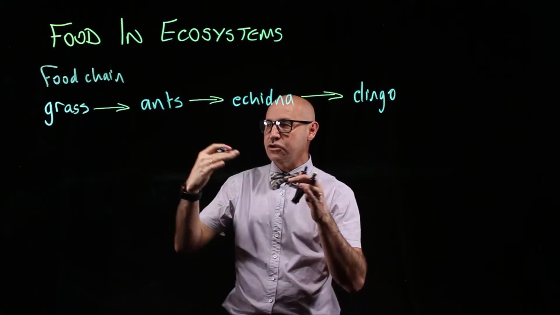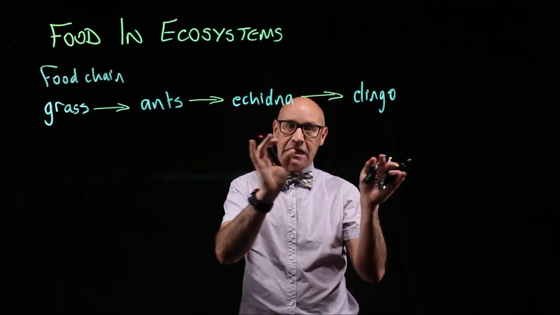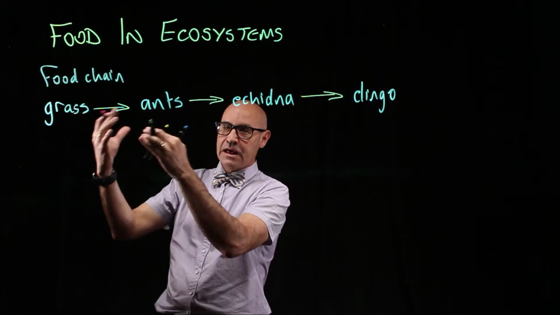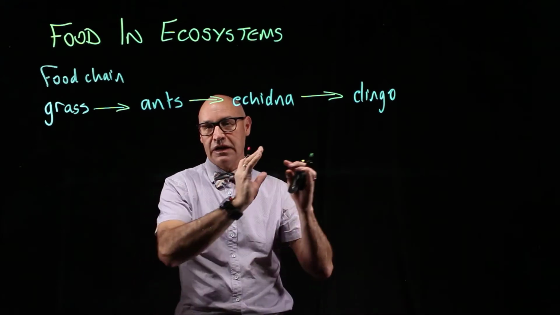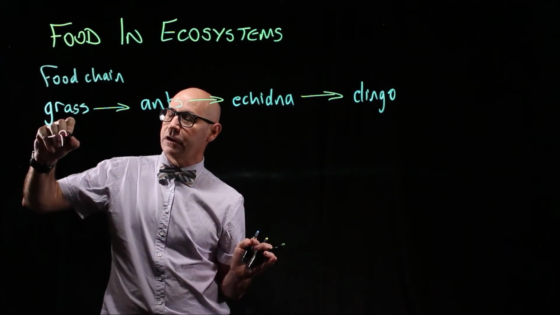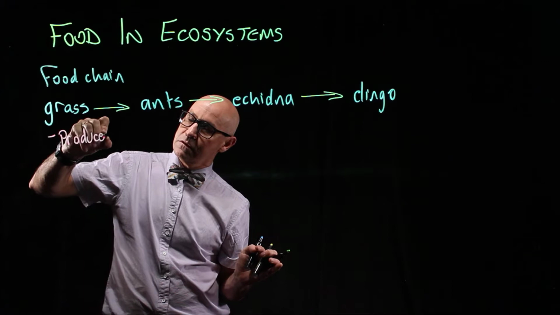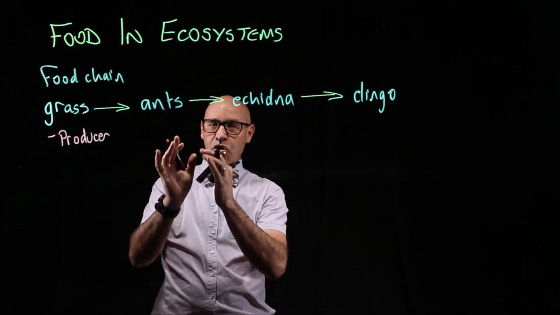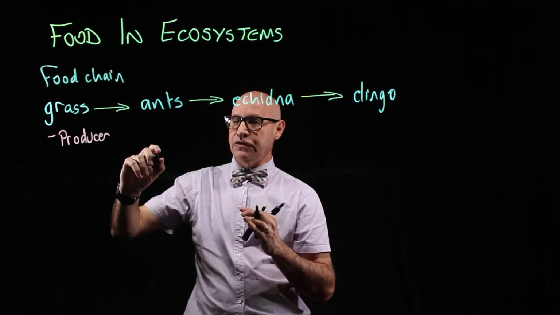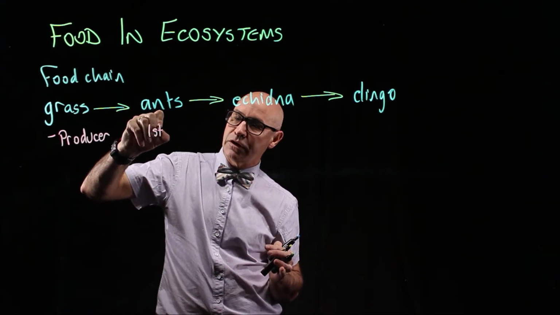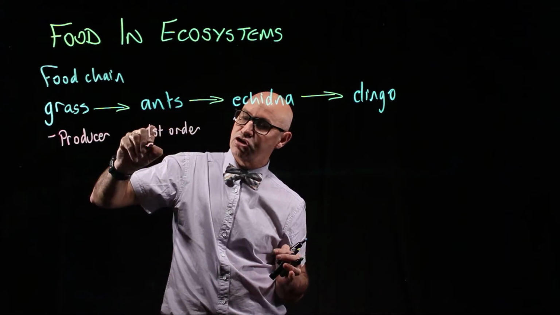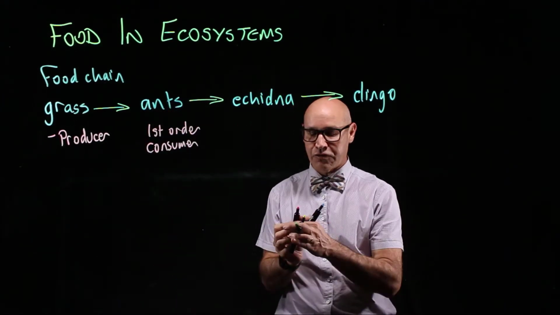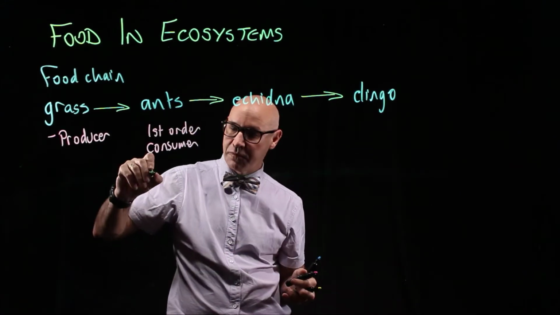Here's some words that we can use to describe each of the different parts. Firstly, the organism that's able to take the energy from the sun and convert it into food is called a producer. And they're primarily plants. The organism that eats the producer is called a first order consumer. Another word we might use to describe this organism is a herbivore.